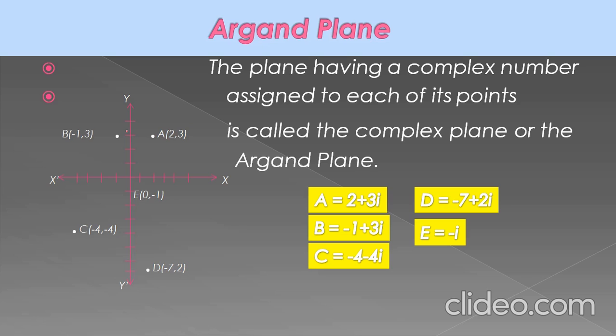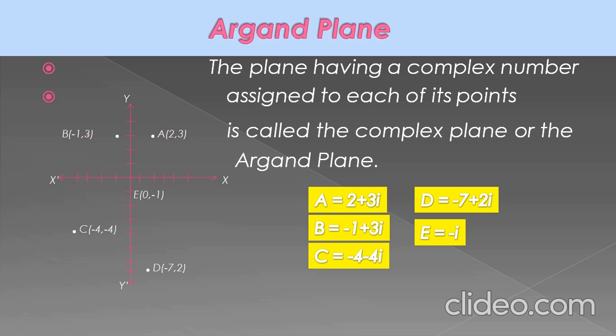For example, you can check from here the x-axis and there is the y-axis. A is the point 2, 3. So in the Argand plane, A is equal to 2 plus 3 iota. This complex number can be written as x coordinate will be 2 and y coordinate will be 3. In the same way, B is minus 1, 3.